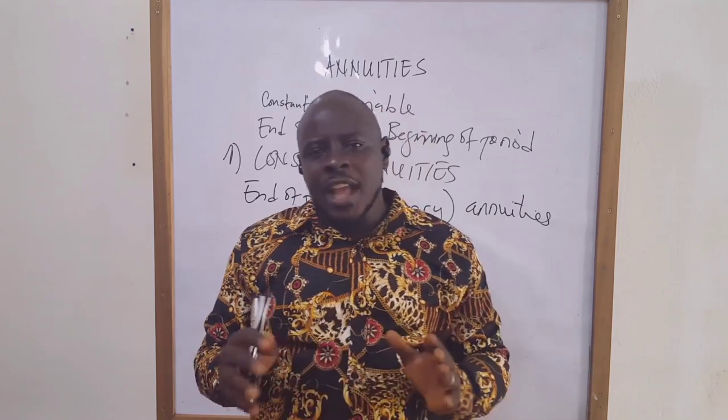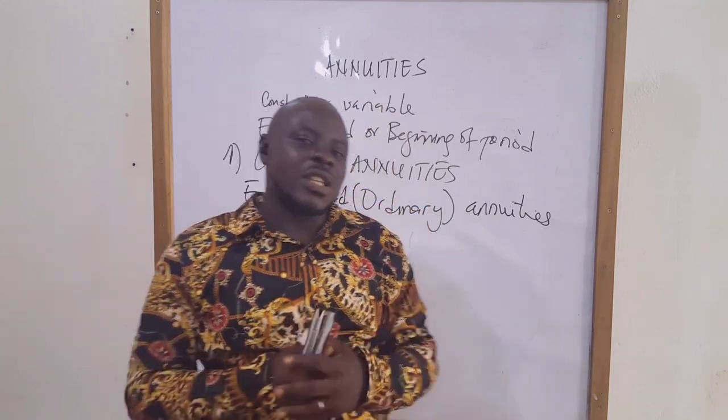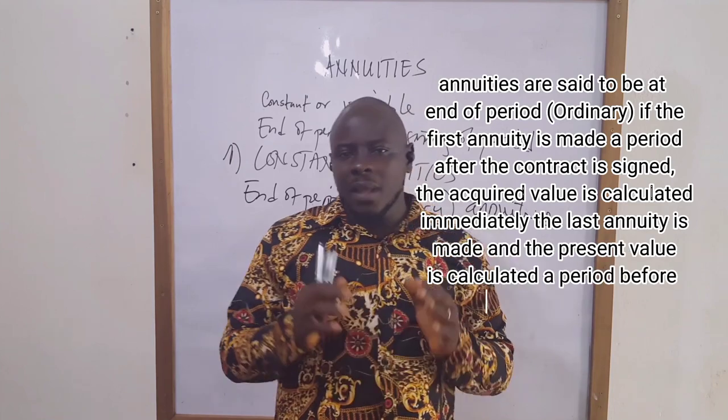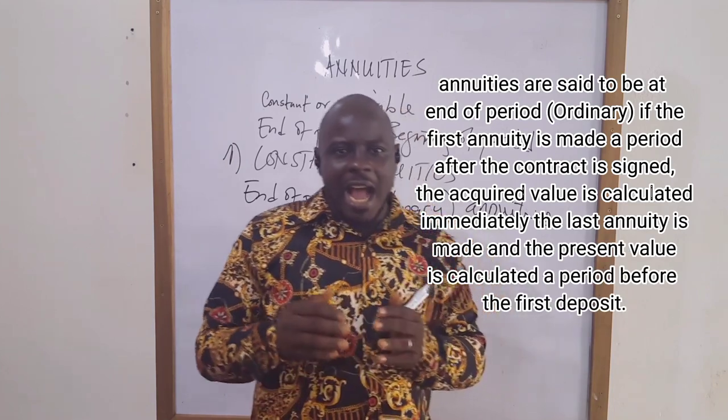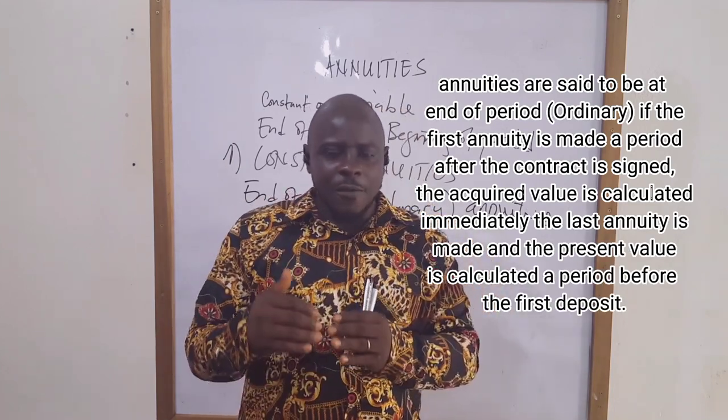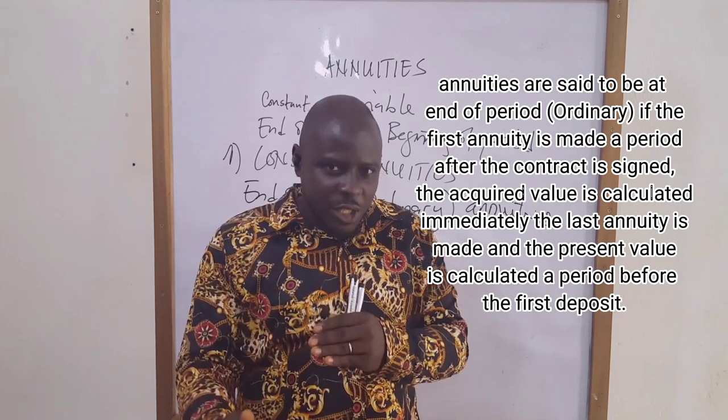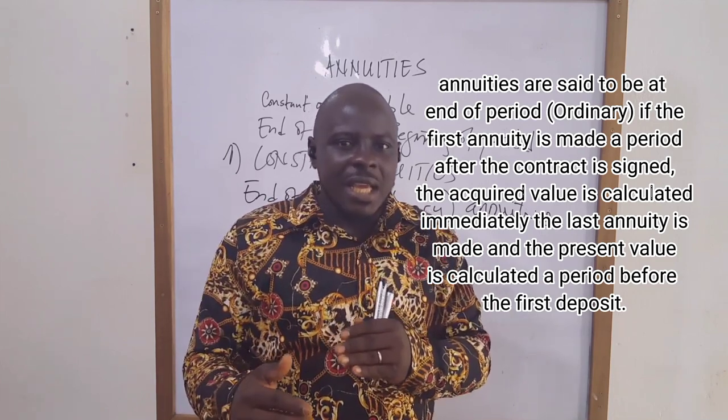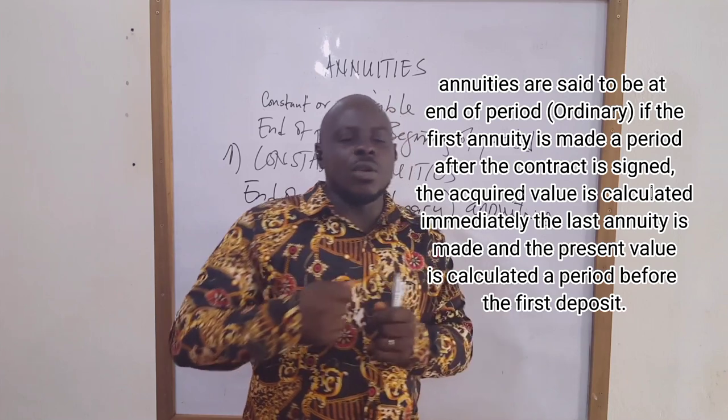Now let's go. End of period annuity. Annuities are said to be at end of period if, first, the first annuity, or the first deposit or payment, is made a period after the contract is signed.